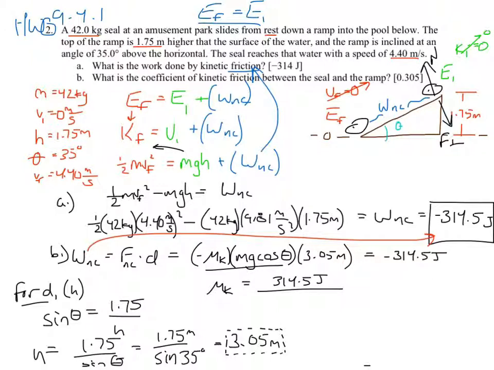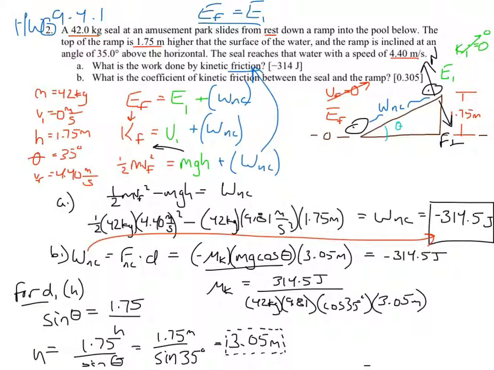What's the mass of the seal? That's 42 kilograms. G is 9.81 meters per second squared, and the cosine of 35 degrees, times the distance, 3.05 meters. Did everybody get that?